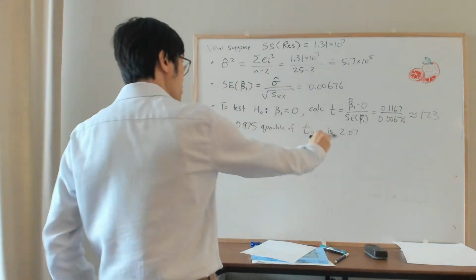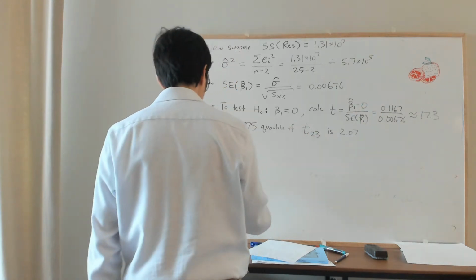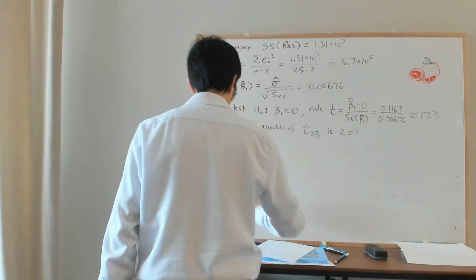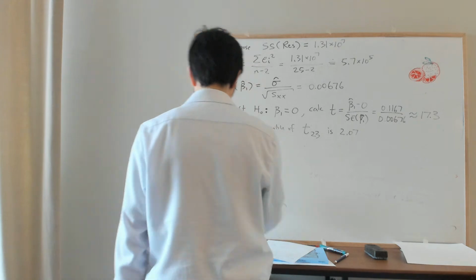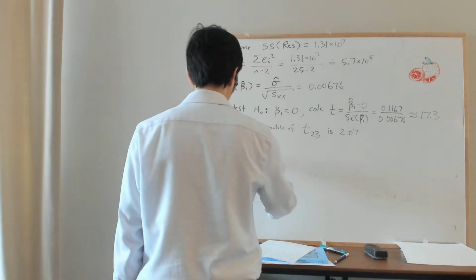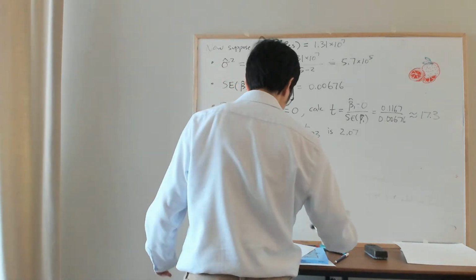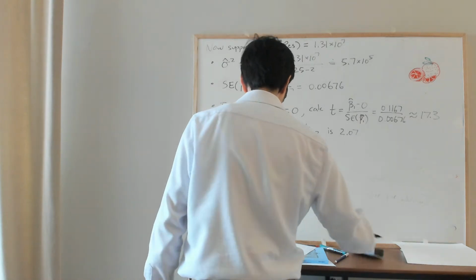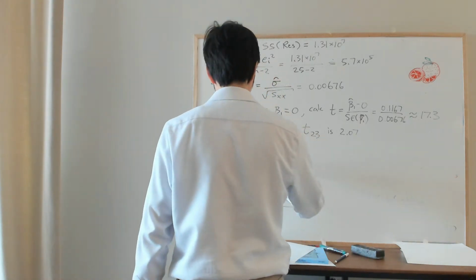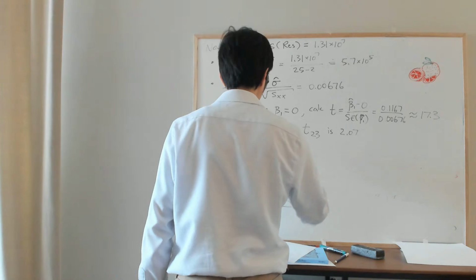All right, so just to remind you of what's actually going on here, let me roughly draw a t distribution again. So it's symmetric. Okay, and so let's say this is a t with 23 degrees of freedom.